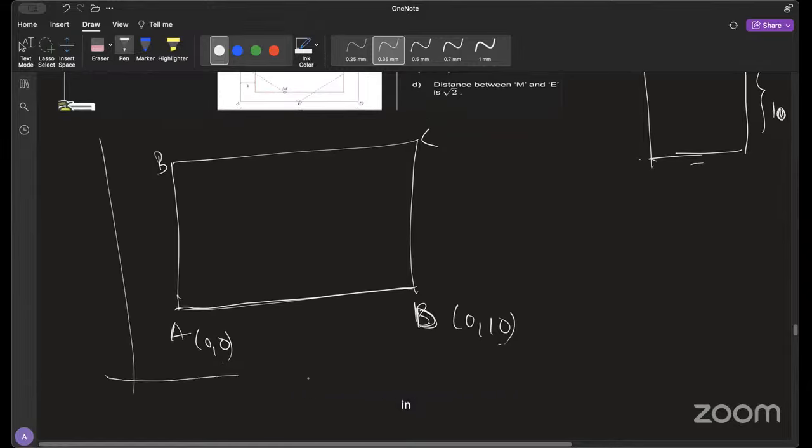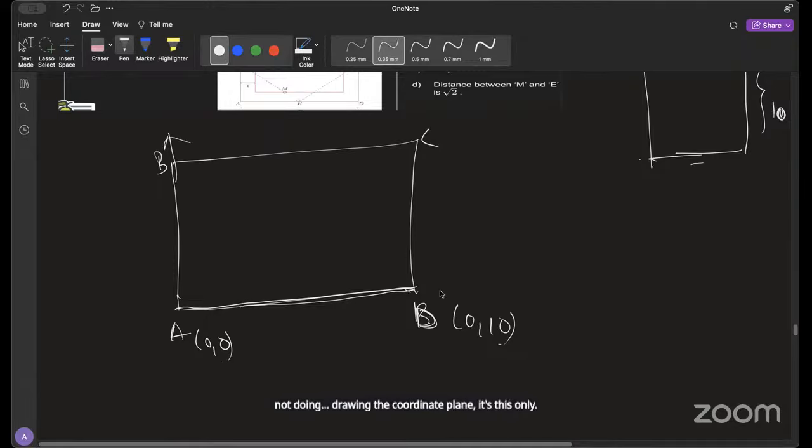In your coordinate plane, this is the x-axis, and this line is parallel to the x-axis. That's why only the x coordinate is changing and the y is kept the same as 0, right? This is your y-axis, this is your x-axis. So it's 0, 0, 0, 10, and then this one, because it's 10 units, should be 10, 10.